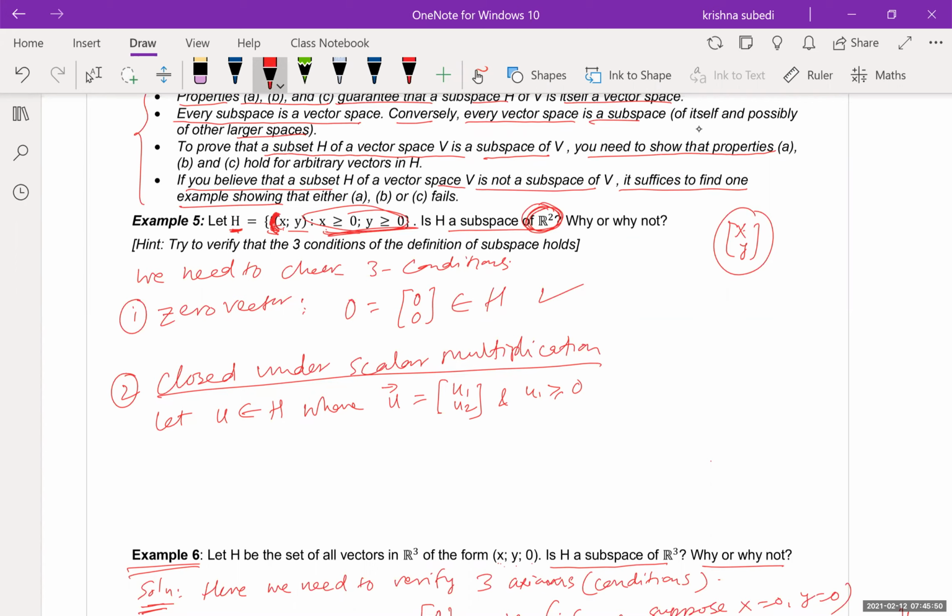So u1 is greater than or equal to 0 and u2 is also greater than or equal to 0. Let c be a scalar.